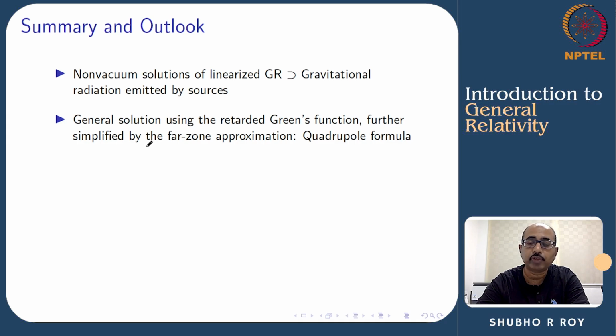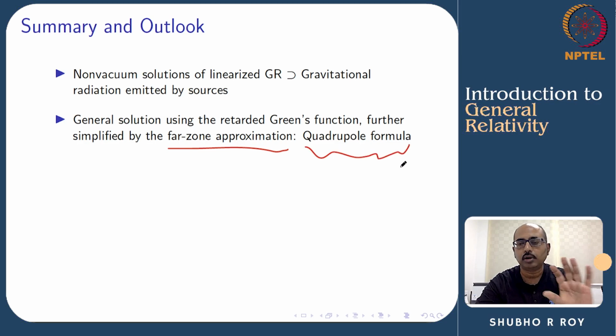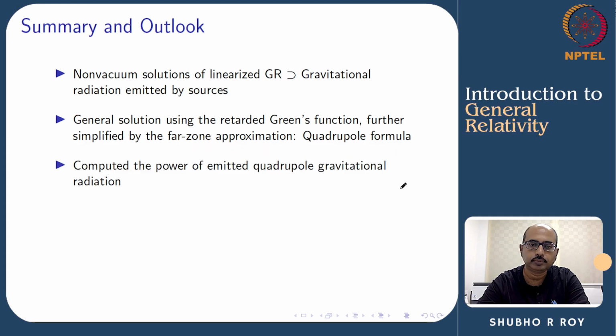And further simplifications were done in the far zone approximation, or the far field approximation. And that led to the famous quadrupole formula for the trace reversed field in terms of the second order time derivative of the quadrupole moment of energy of the source. And once we had that, we computed the power of the emitted quadrupole radiation.